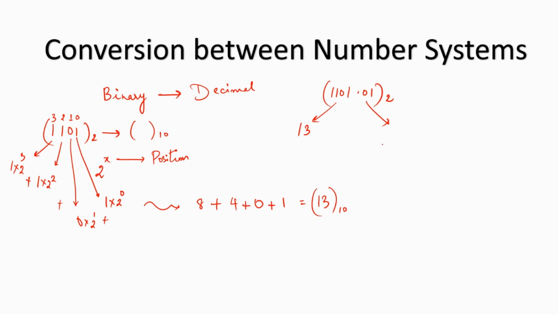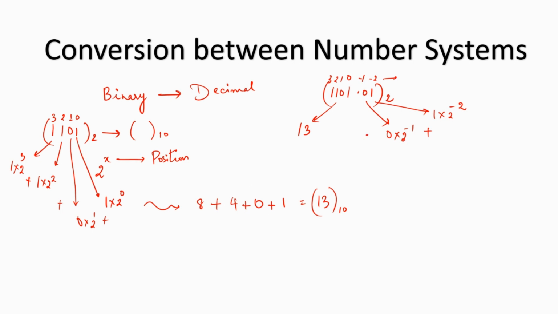For this, I'll continue with multiplying each of these bits with the position of these bits in the number, where this is 0, 1, 2, 3. So the position of the bits after the decimal point is going to be numbered as -1, -2, and so on. So here the 0 would be 0 into 2 power -1. This would be 1 into 2 power -2. And I have to add this and put it after the decimal point.